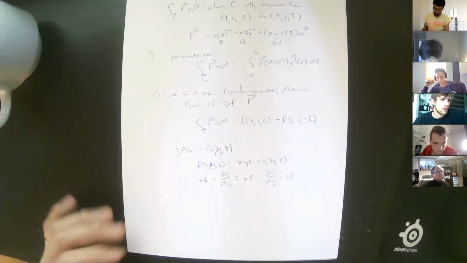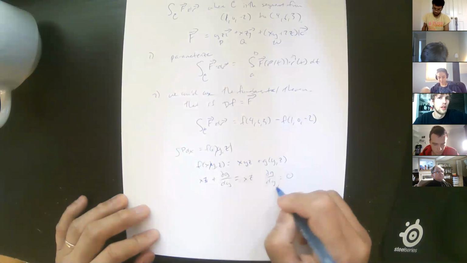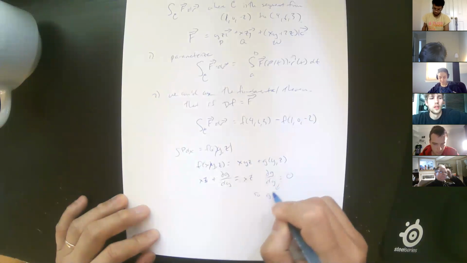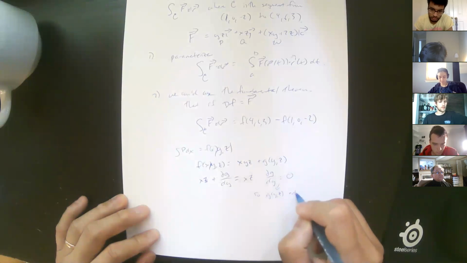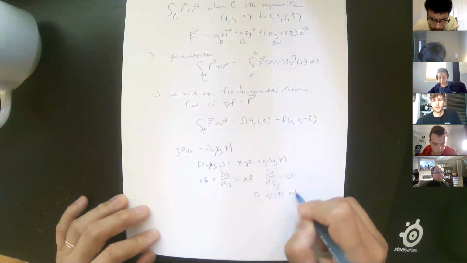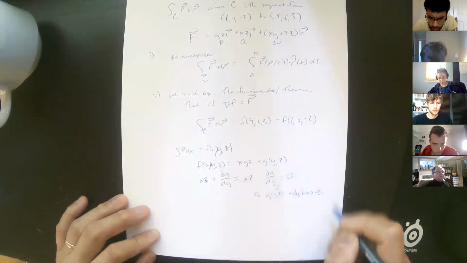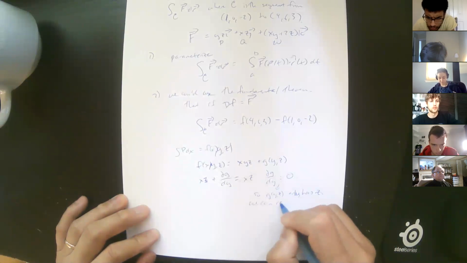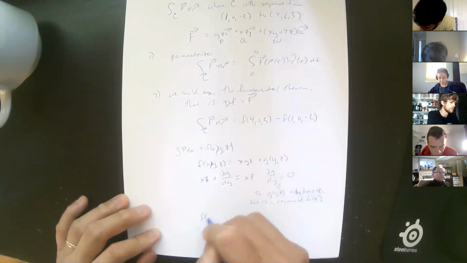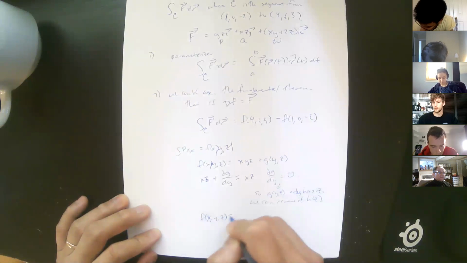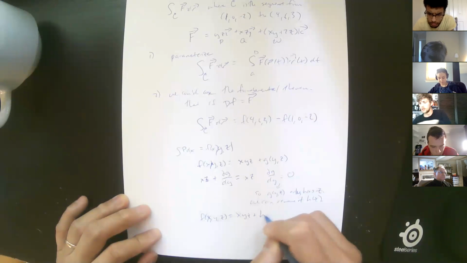Right, so this is 0. So g of y, z only has z. We can rename it h of z. So f of x, y, z is xyz plus h of z.